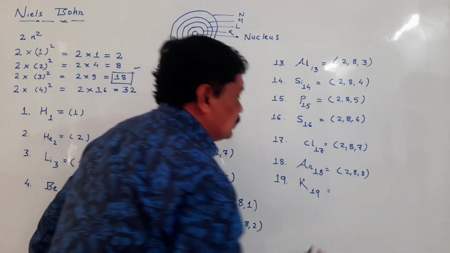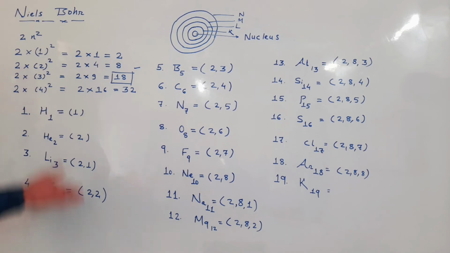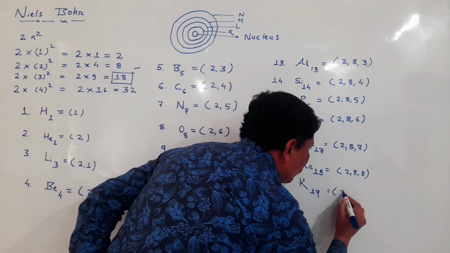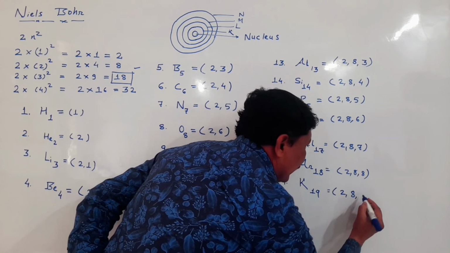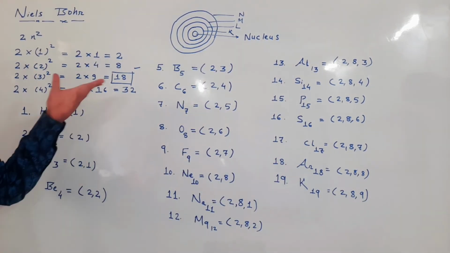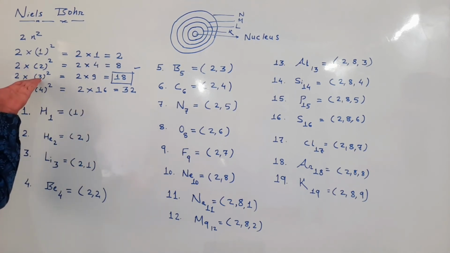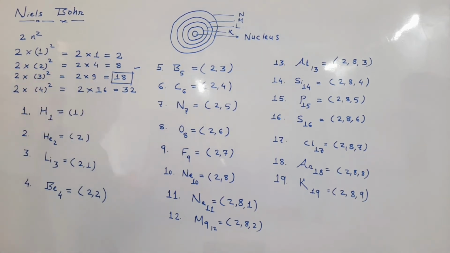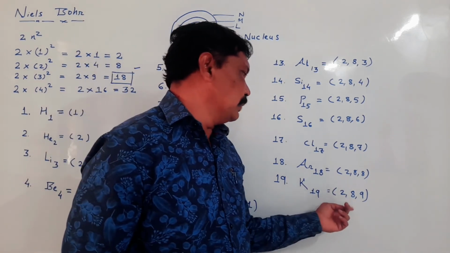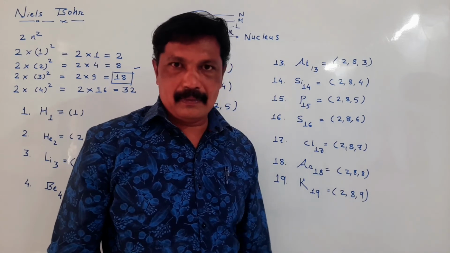So my dear student, the electronic configuration according to the theory which we are studying will be 2, 8, 9. Here, because the capacity of the third shell is 18, you must be thinking that the electronic configuration will be 2, 8, 9. But this is not correct.